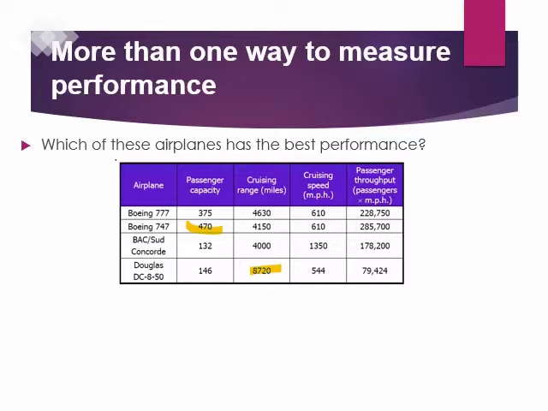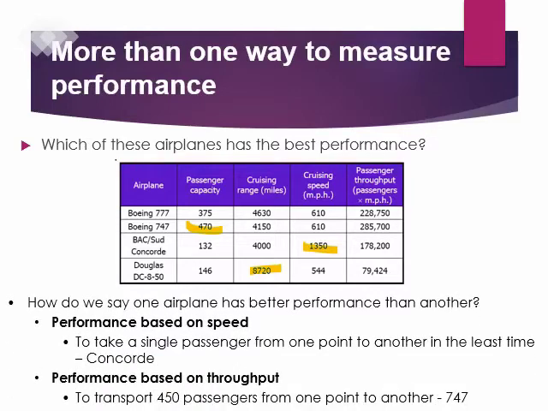But speed, of course we know this, before this we have Concorde. And if you look, there's not one particular airplane that is the best in all the metrics. So if we want the best speed, then we of course go for Concorde.